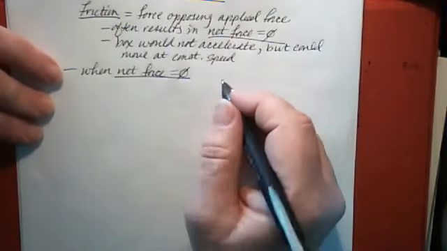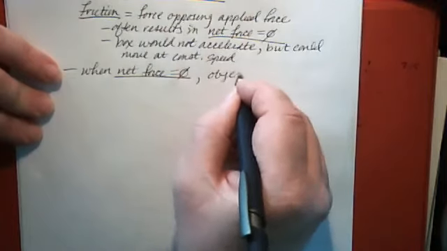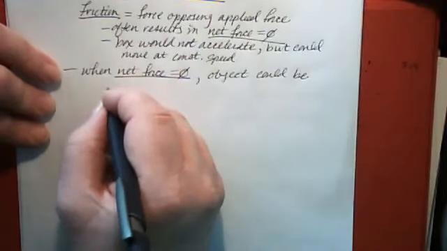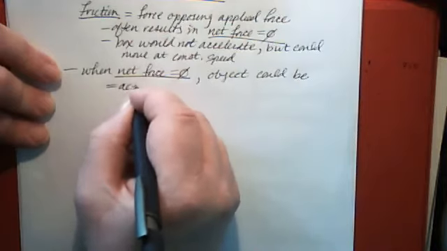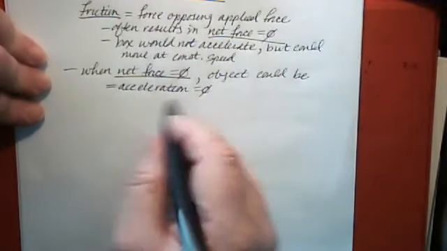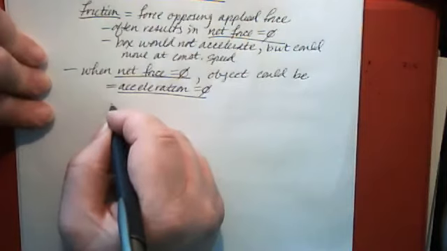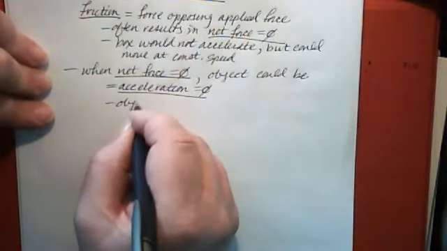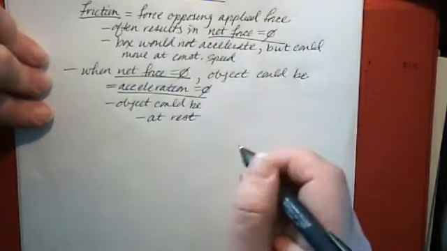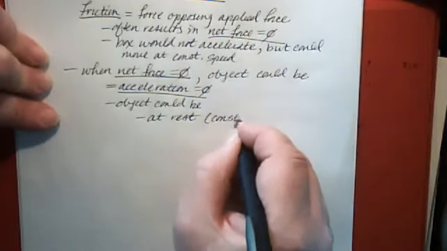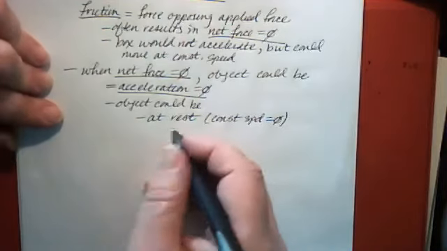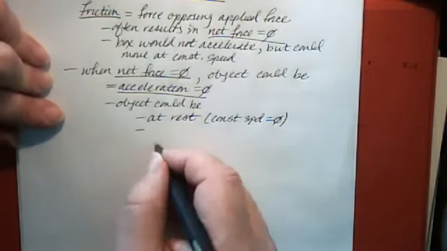And when the net force on an object is 0, if the net force is 0, that means the acceleration is 0, and the object could be at rest, which just means that the constant speed is 0, or moving with a constant velocity.